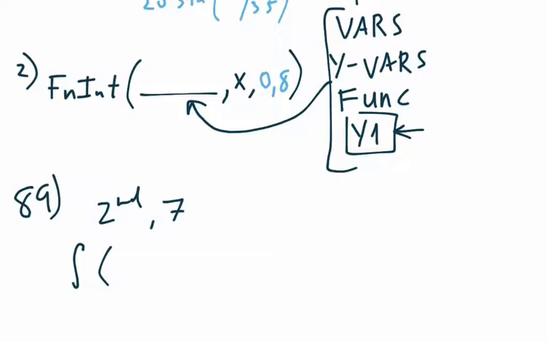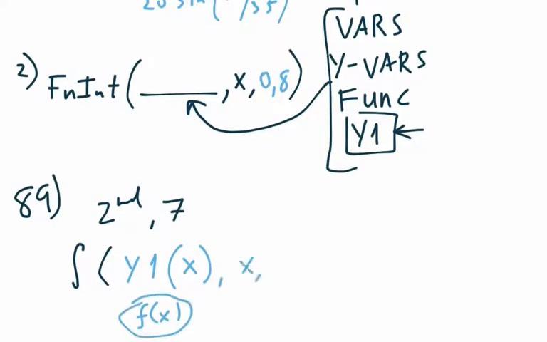Oh, you already stored the function in y1, so literally you type y, the number 1, open parentheses x, because you have to tell it f of x, comma x, and then comma 0, 8 for the independent variable. This is sort of like the dx, and then these are your limits. Okay?